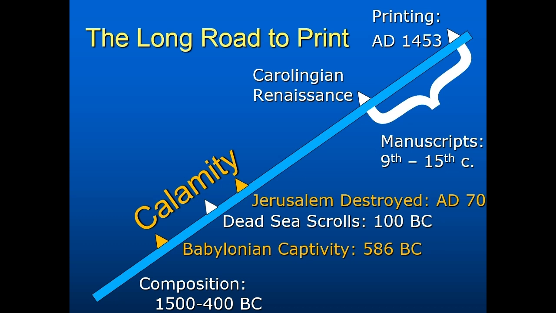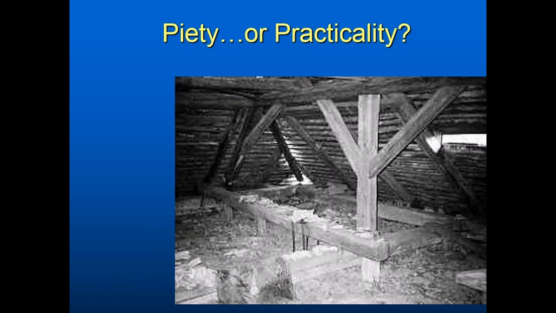But shouldn't we have had at least some biblical manuscripts from those in-between centuries? After all, they were the sacred books of the Jews and ought to have been lovingly preserved. But a weird combination of piety and practicality was to blame for this lack of copies. Those biblical manuscripts were indeed treasured by the Jews, until they began to be worn.